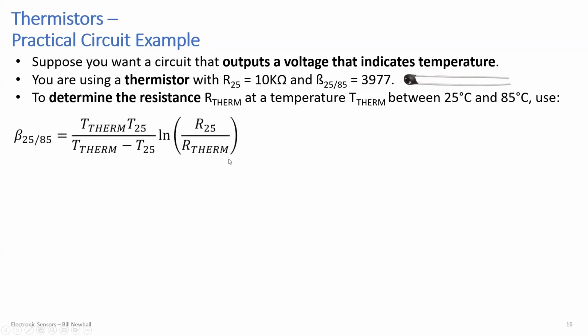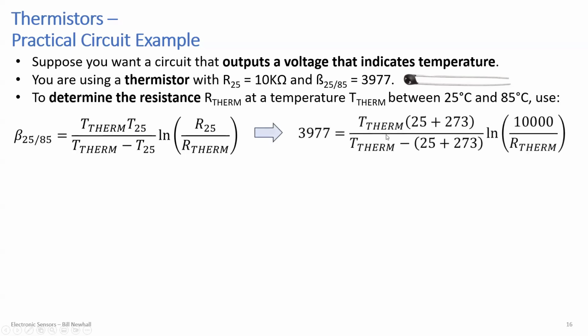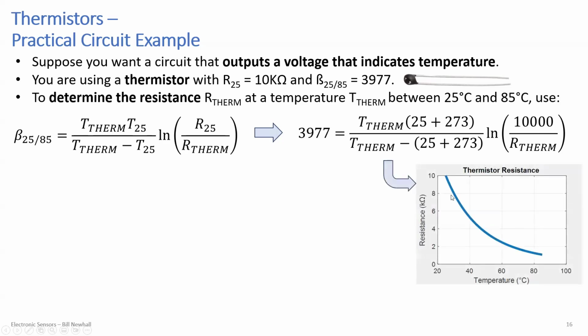So you would use this, right? So there's the formula. You can rearrange that or use an equation solver or however you want to do this. But here's the beta value, and here are the temperature values, right? And so if you plot that, you'll get something like this.